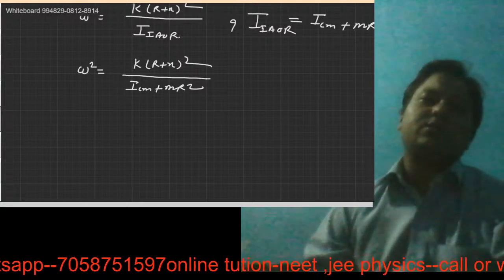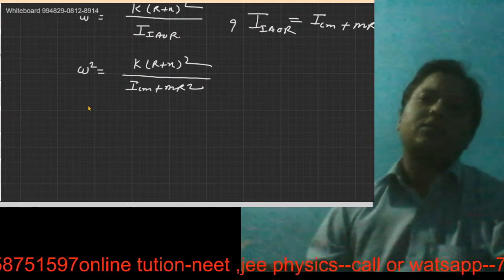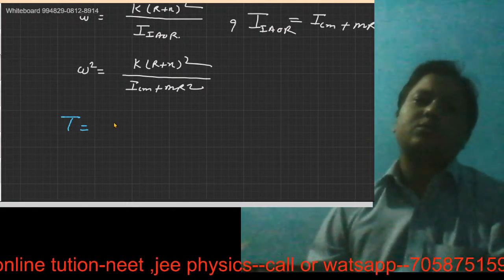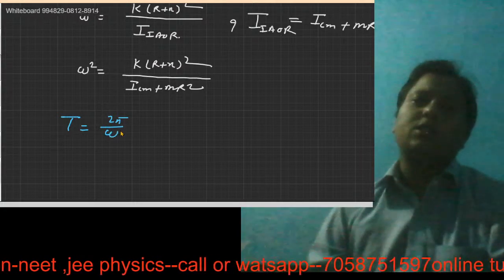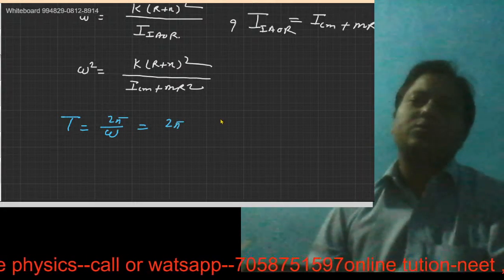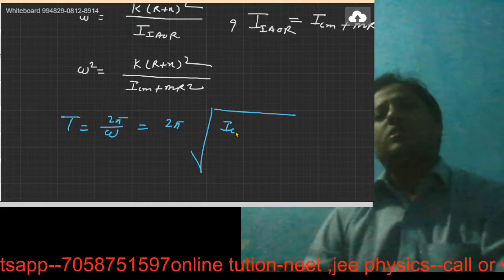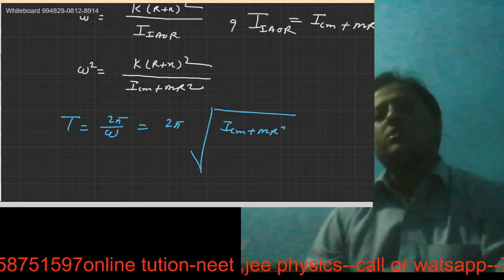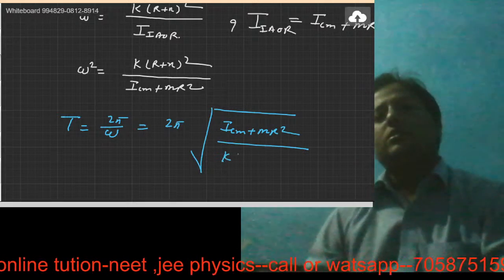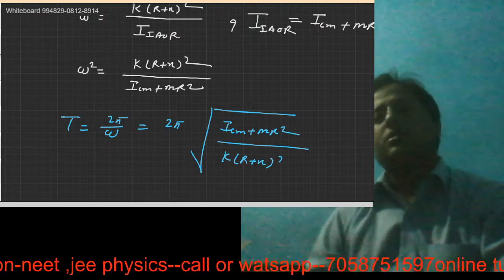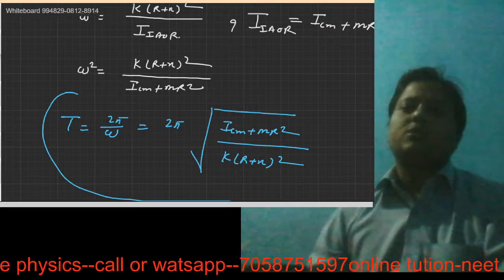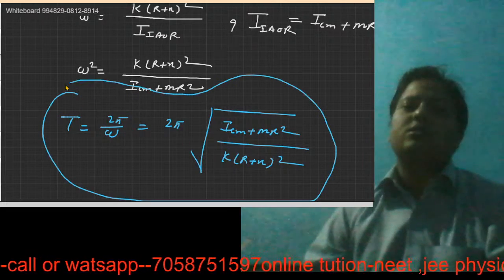And what is the time period? Therefore the time period comes out to be 2 pi over omega, and that is 2 pi under root I center of mass plus m r square divided by k into r plus x whole square. So this is our required result.